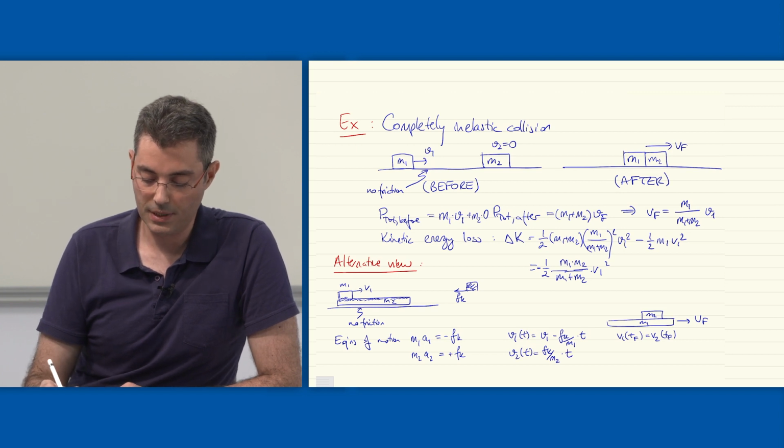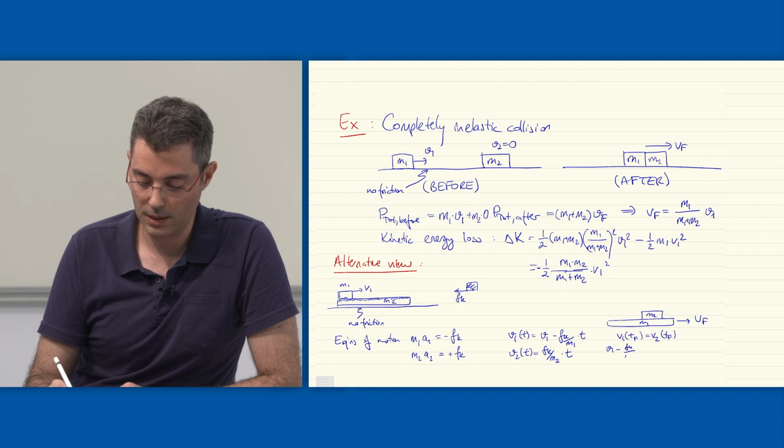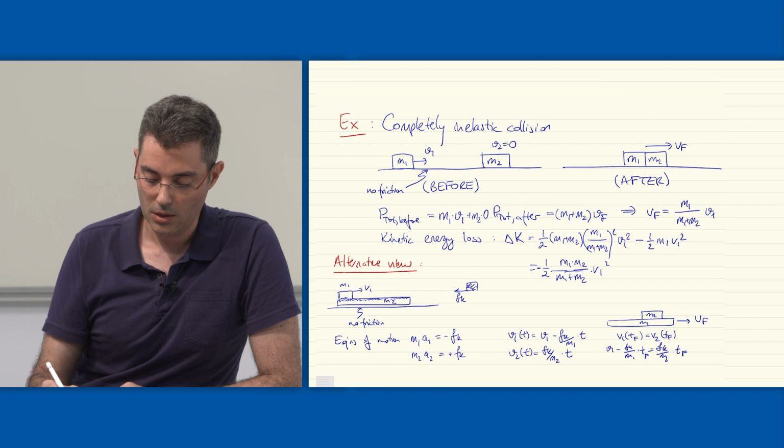Again, we can now find the final time by equating these velocities to each other, which is going to give us the following equation: fk over m1 times t is equal to fk over m2 times t, at the time I called tf here. So we can solve for tf, right?